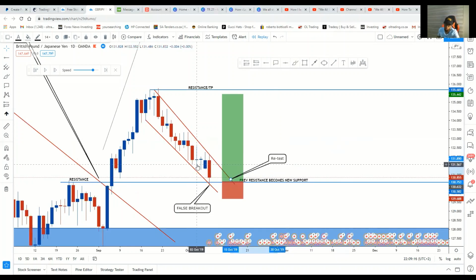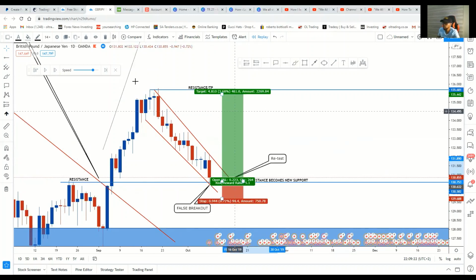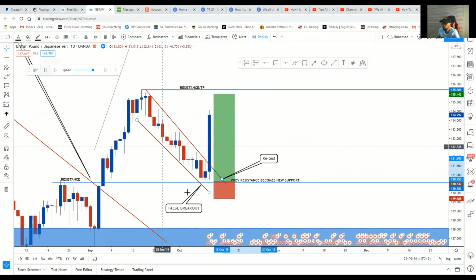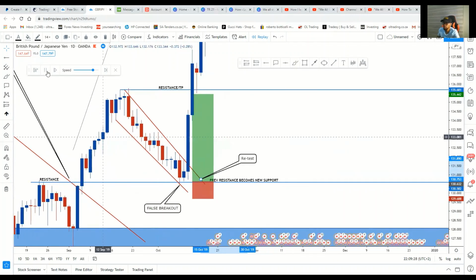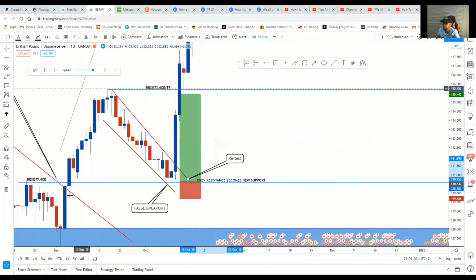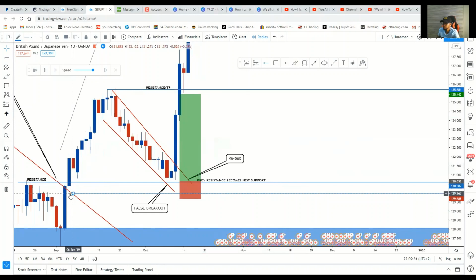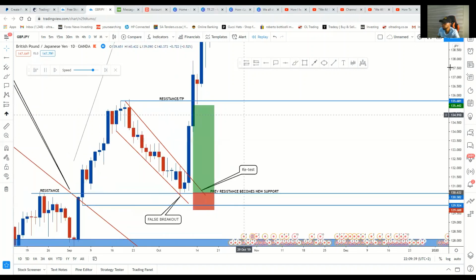So you can see all those situations are giving us much more information for us to take it to the upside. So now you're going long, and then you put your stop loss just below this level. So you can see how it moved.